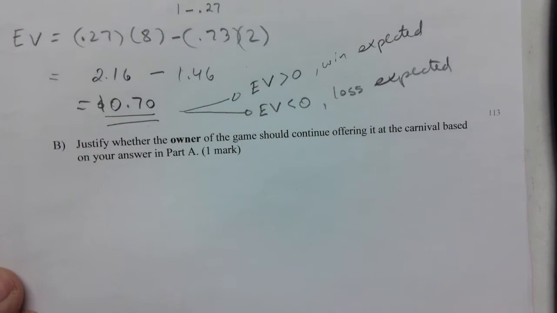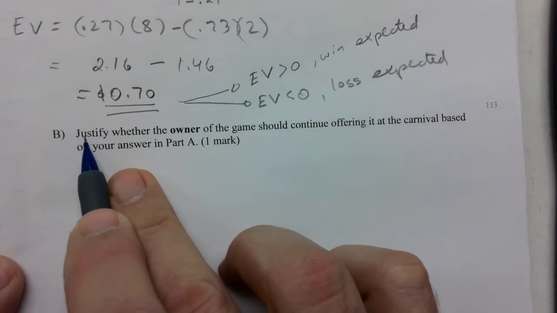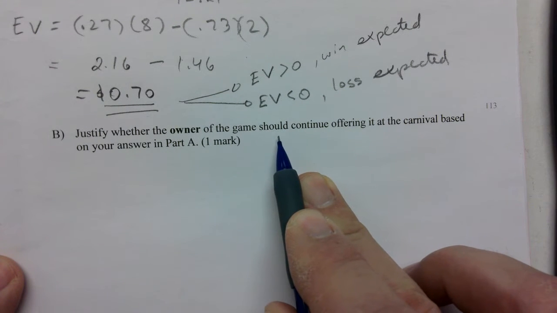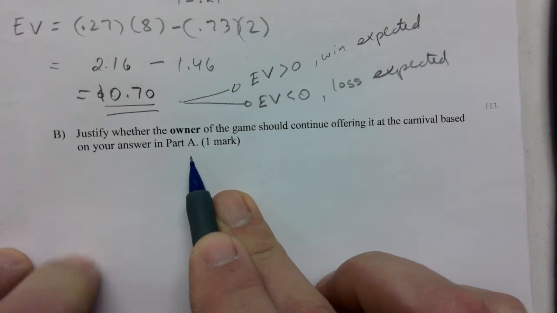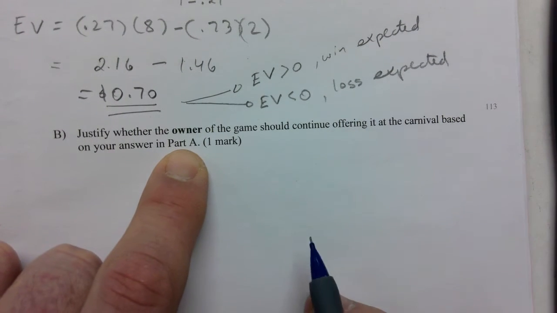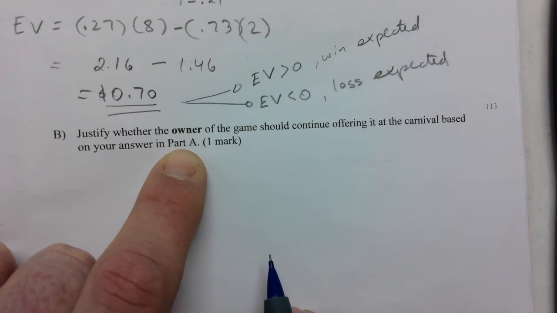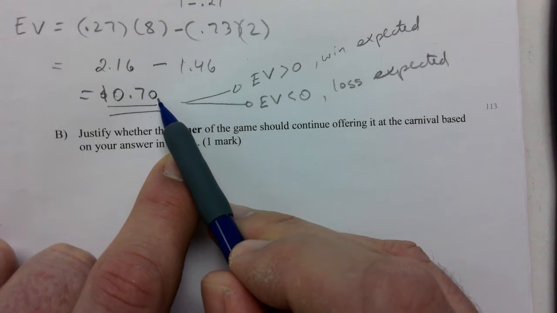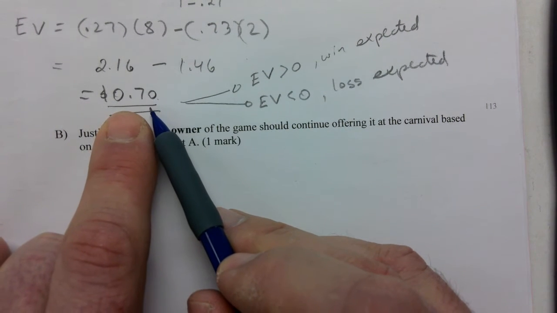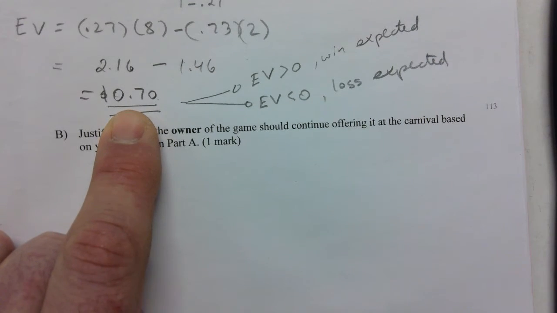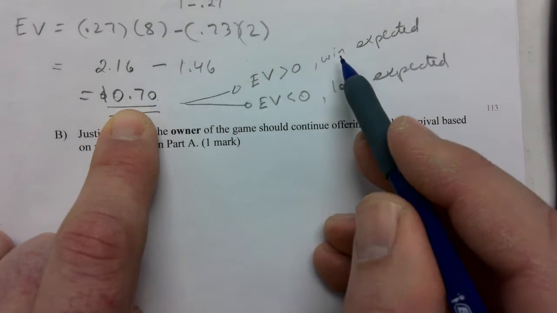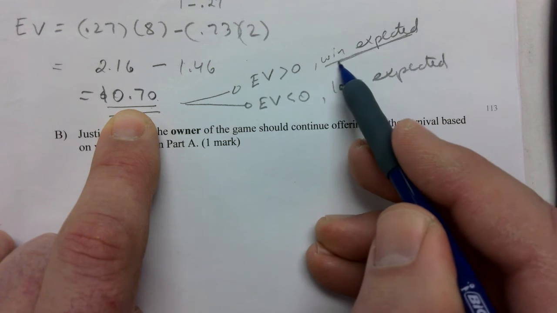Let's keep going. Justify whether the owner of the game should continue offering it at the carnival based on your answer in A. This is from the person playing this game. You expected a win, right?